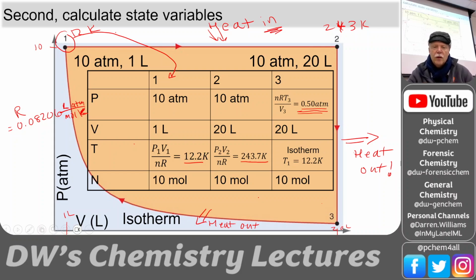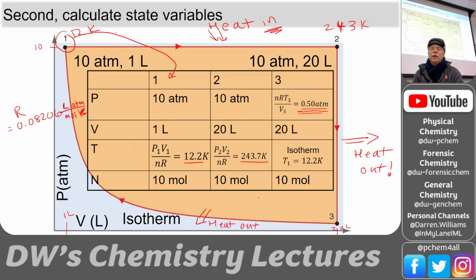This is what's called the state variables table. This has got to be done for all of your problems, and this is one of the things I'd like to see on the handwritten work: show me the state variables table and calculate all of your points. Because now we can calculate delta V and use that to do work. Now we can calculate delta T and use that to get energy and heat and work and so on.